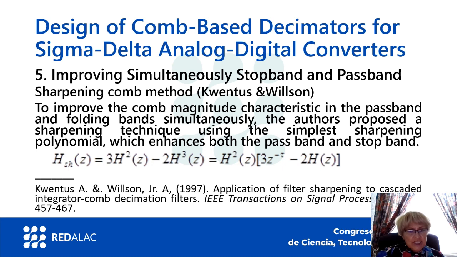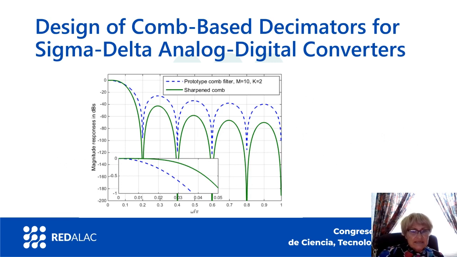The system function of the sharpened comb filter is given in this equation. As a result, we have improved passband characteristic as shown in this zoom below, and also improved attenuation in folding bands.